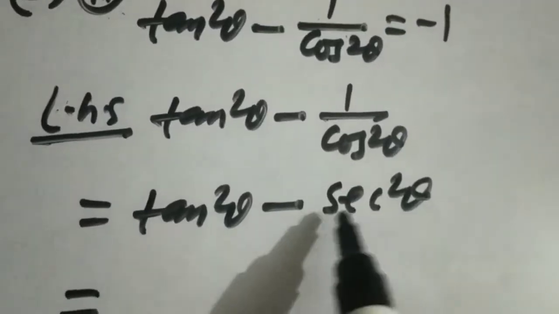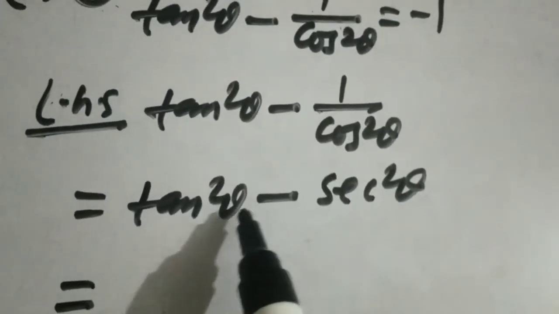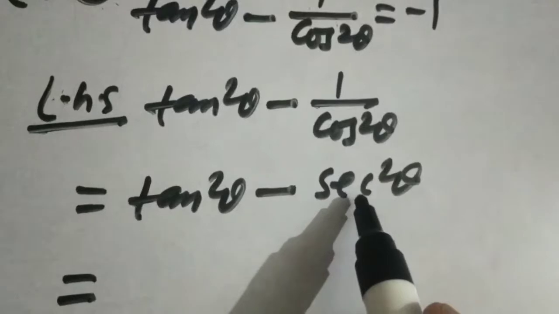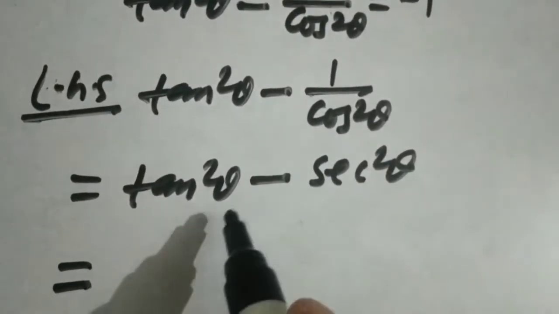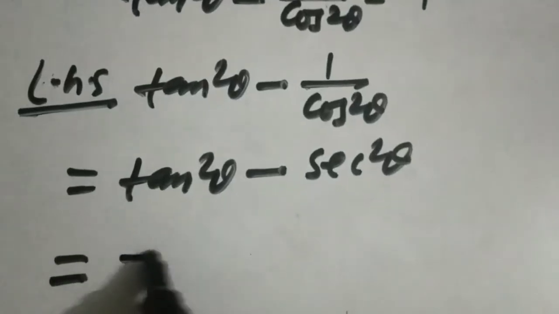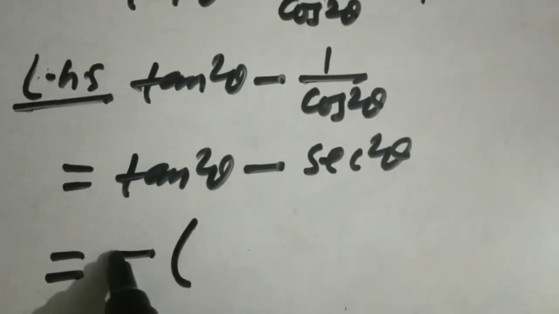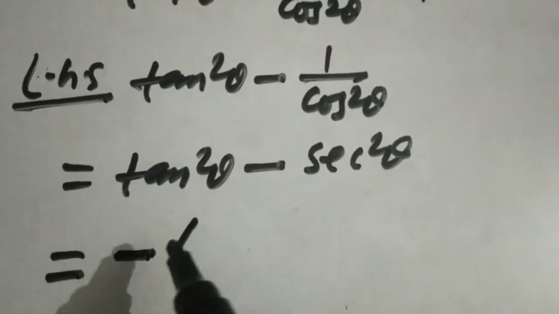Now we know that sec square theta minus tan square theta is equal to 1, but here tan square theta minus sec square theta becomes, so let us take minus as common.